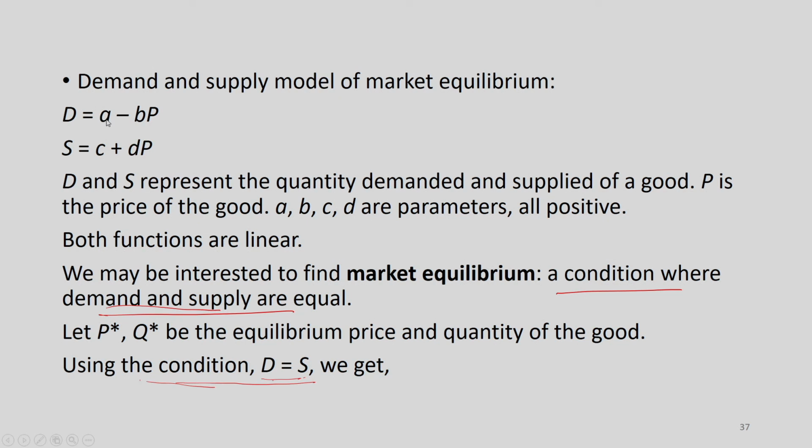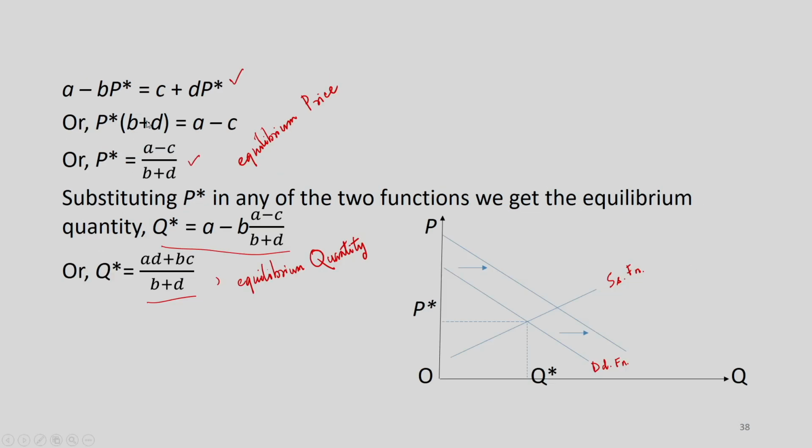It is A minus B multiplied by P, and B is positive. So, minus B is negative, therefore, you have a downward sloping straight line. So, they are intersecting at this particular point. We can call this point as capital E, the equilibrium point.